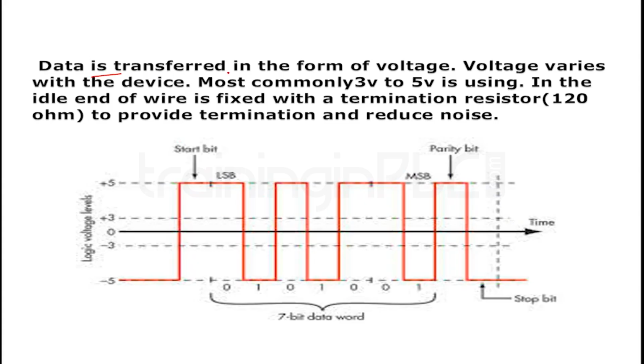The data is transferred in the form of voltage. The voltage varies with the devices. Most commonly used is 3 volts to 5 volts. The idle end of the wire is fixed with a termination resistor to provide the termination and to reduce the noise.